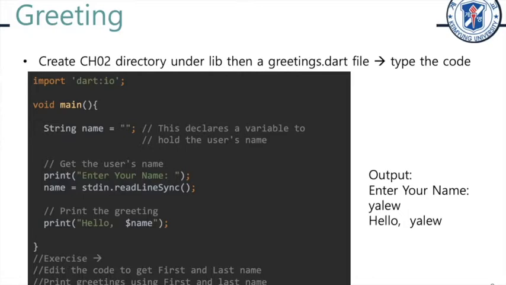So instead of just greeting, you can hold the name and greet by name. Instead of saying hello, you can say hello Yellow, or hello John, depending on the person's response. To do this, we'll go back to our JDoodle and try to type in this program.